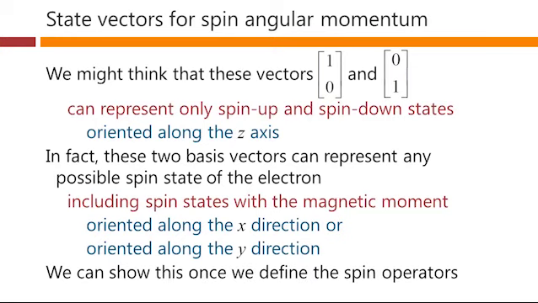We can understand how this works once we define the spin operators. At the moment, it may seem very strange that we could write left or right as a linear combination of up and down, but that's because we're not looking at this correctly from a geometrical point of view.